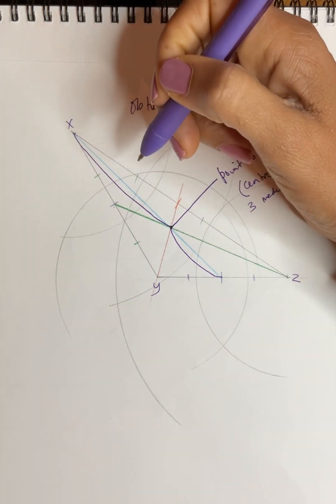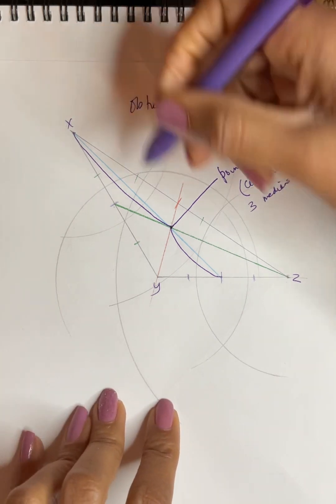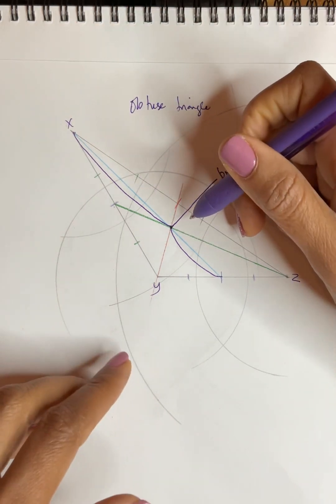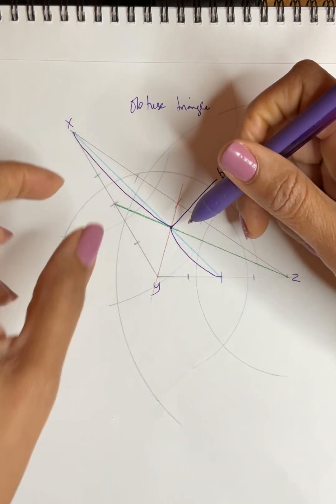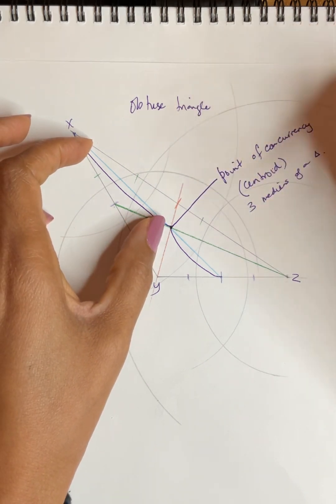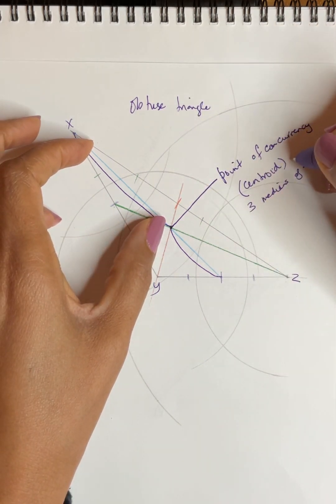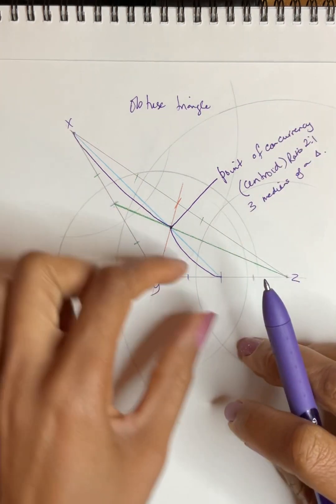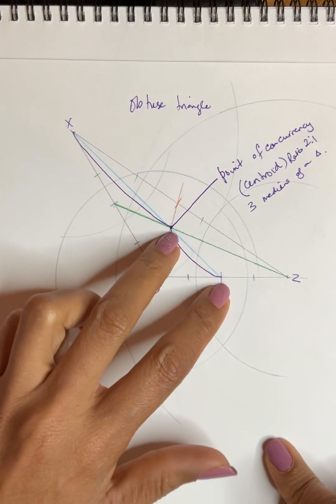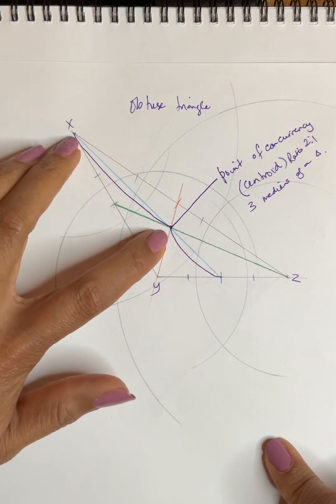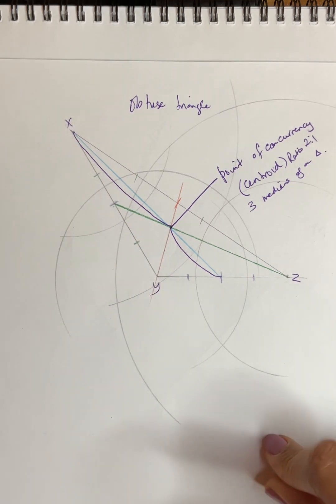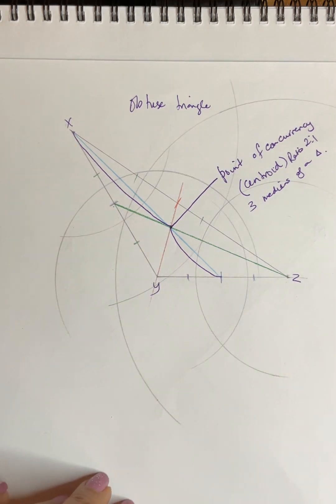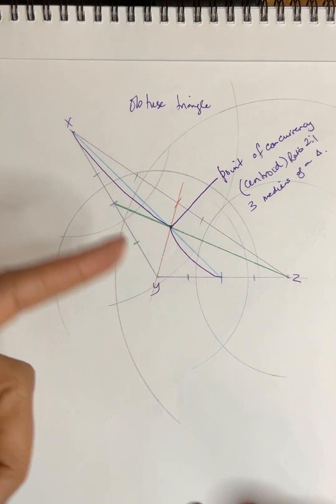So the centroid literally cuts the median in a ratio of 2 to 1, meaning this is double. So the centroid cuts it in a ratio of 2 to 1, 3 parts. This is the 1/3, this is 2/3. And when you get into more on centroid and triangles, you will see that in terms of numbers.